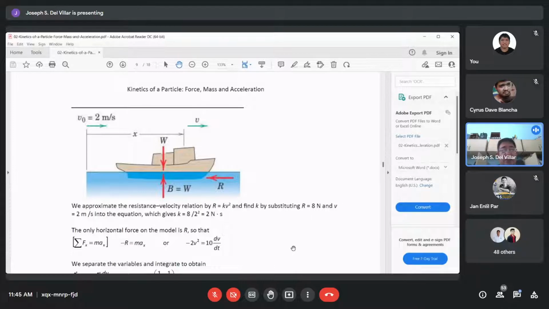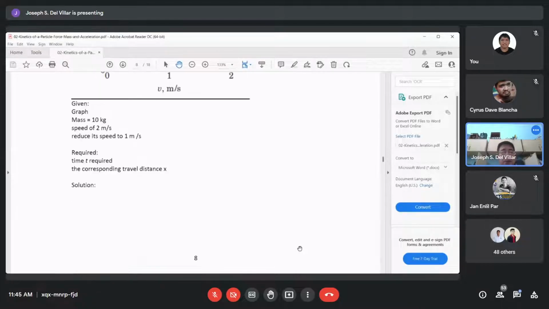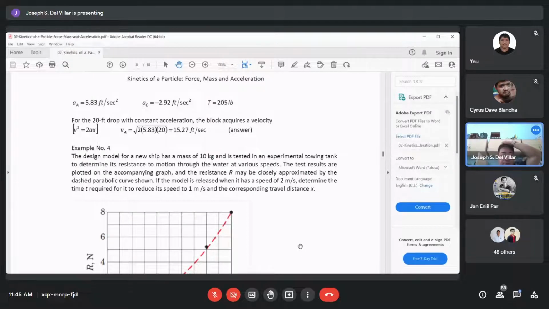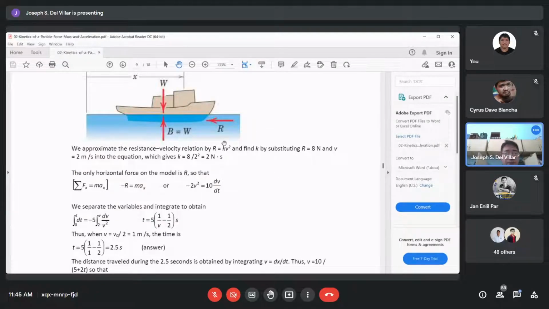So negative 2V squared, because that is the R we obtained, is equal to 10 times dV over dt.